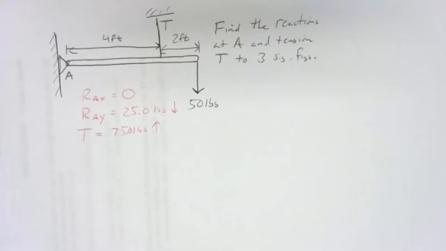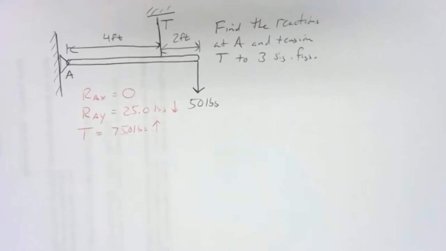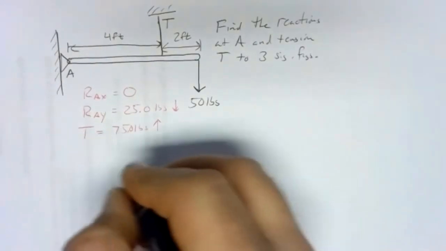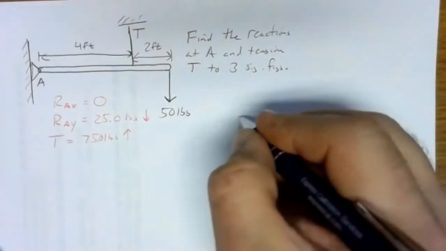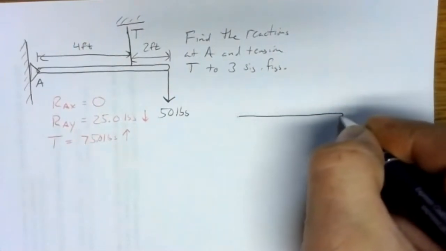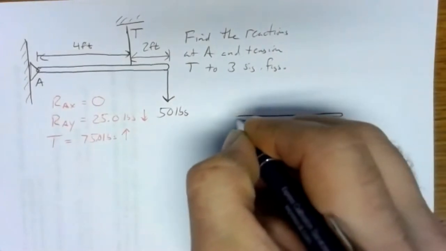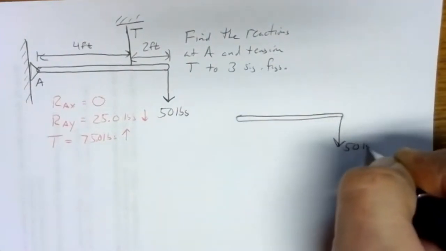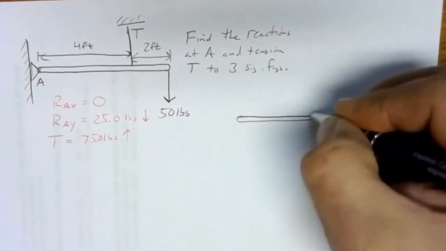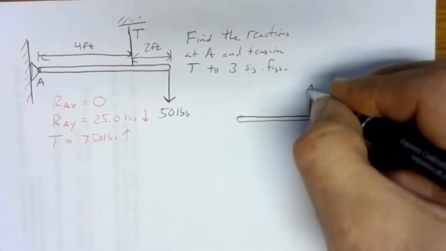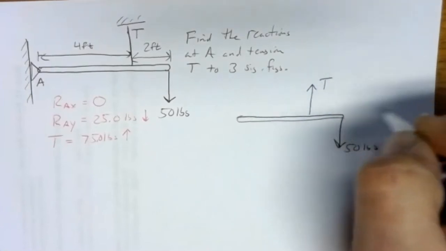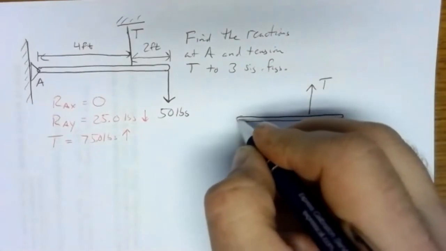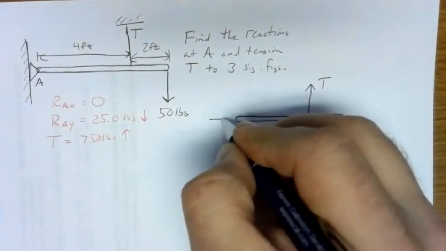So let's set up our free body diagram. So the free body diagram is going to be of the beam. So we'll have our beam set up there. At the end, we've got 50 pounds pulling down. 2 feet in from that, we've got our tension. And then at the very end of the beam, we've got RAX and RAY. We've got our reactions.